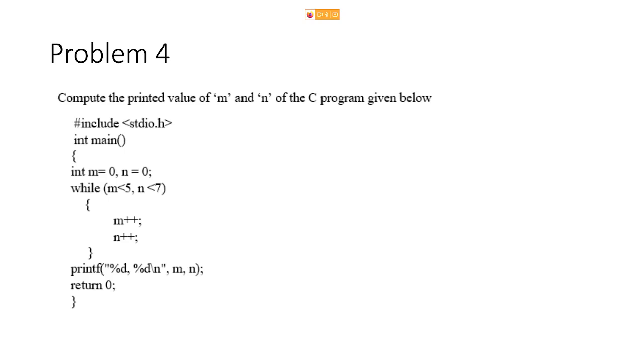And the next condition, 7 less than 5 is false. 7 less than 7 is also false. Then it comes out of the loop. Okay. Then what will it print? 6. M and n values. What values did you use to compare m and n?